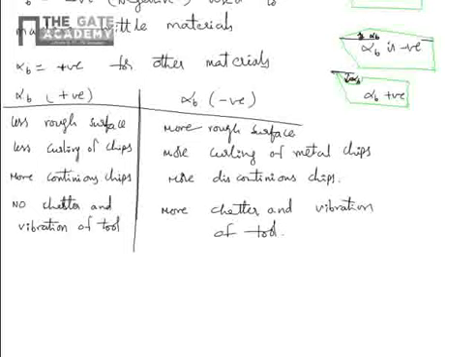Next one is side rake angle, alpha S. So alpha S purpose is to guide the direction of chip flow. Earlier, alpha back rake angle also guides the direction of chip flow, and here it controls the bending of the chip.